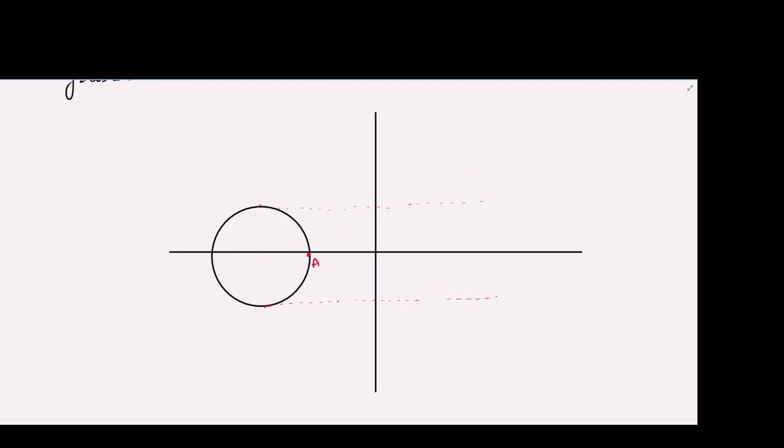Plot point A, point B, point C, and point D. Again we know that at A theta is 0, at B theta is 90 degree, at C theta is 180 degree, and at D 270 degree, and again at A 360 degree. So first plot pi by 2, then pi, then 3 pi by 2, then 2 pi. Draw vertical lines through pi by 2 and through pi.